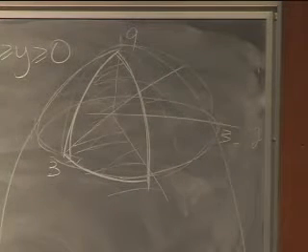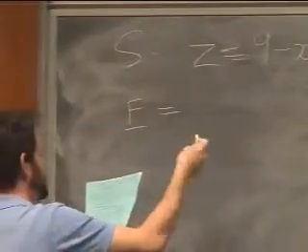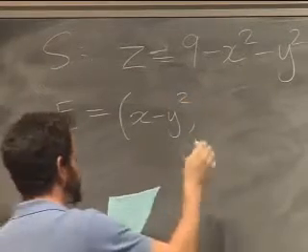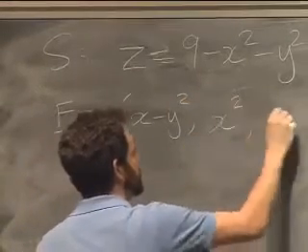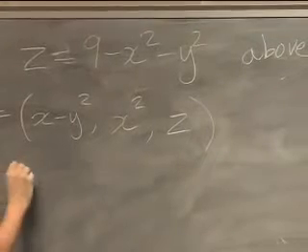All right. So what are we going to do? We are given that F is a vector field as follows: x minus y squared, x squared, z. And C is the boundary of this.